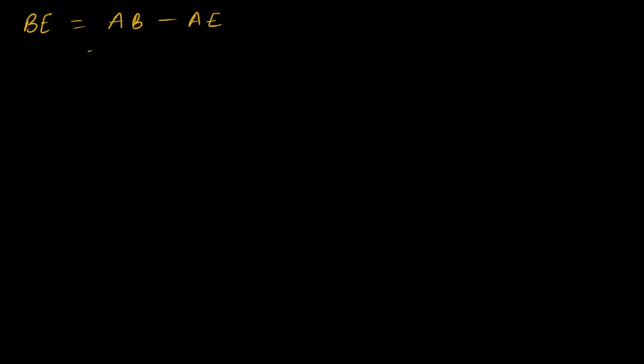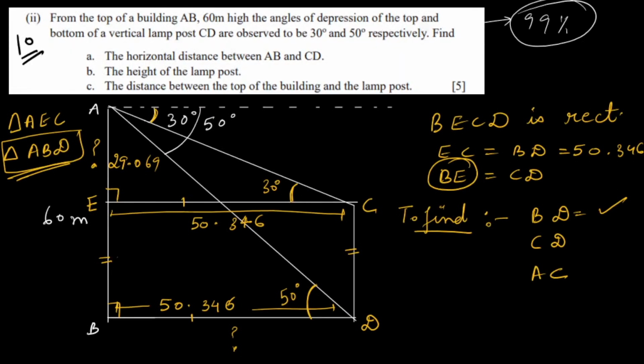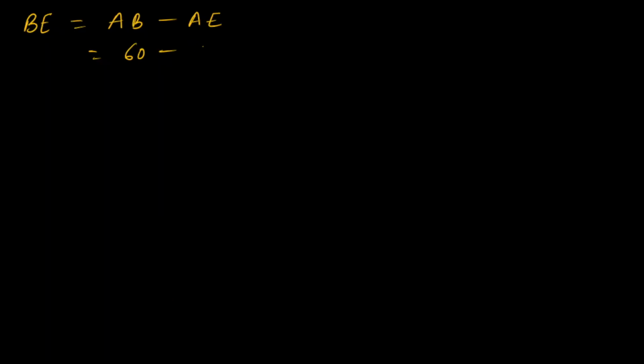So AB minus AE. AB is 60 and AE we have just found, 29.069, up to 2 decimal places we can take. So subtraction we can do here. 60.00 we can write, and from here we subtract this one.